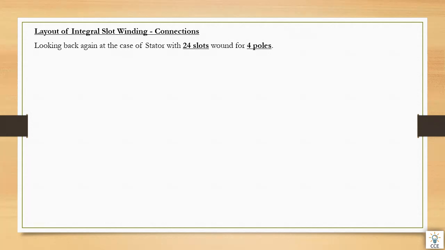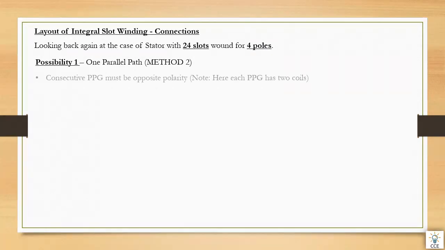Now, again for the 24 slot 4 pole machine, we look at method 2 for the single parallel path only. So here again, the consecutive pole phase groups should be of opposite polarity, so they are placed with alternate polarity.